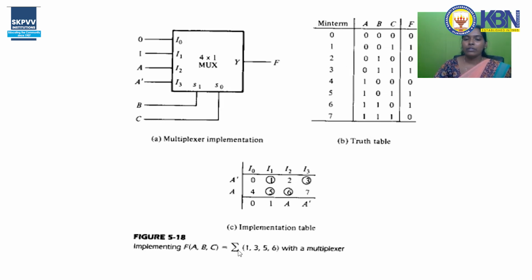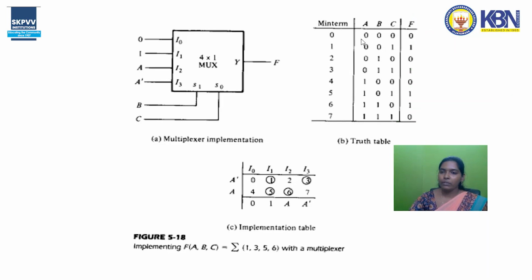So if a problem is given with the function sum of 1, 3, 5, 6, they want us to implement the function with a multiplexer. A, B, C are 3 bits, that is 2 cubed, which means 8. That's why we are taking the minterms from 0 to 7.